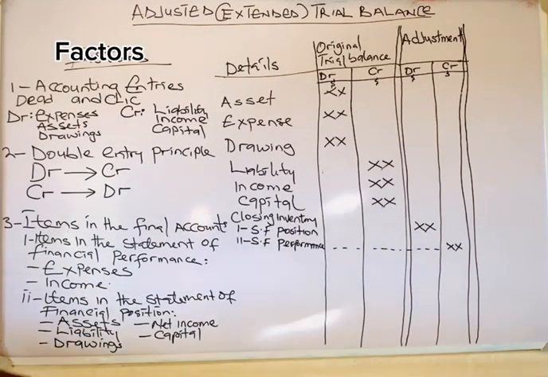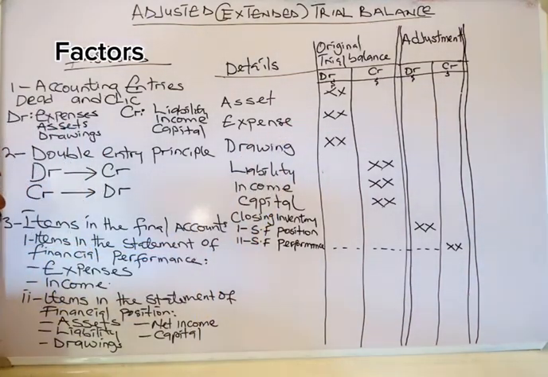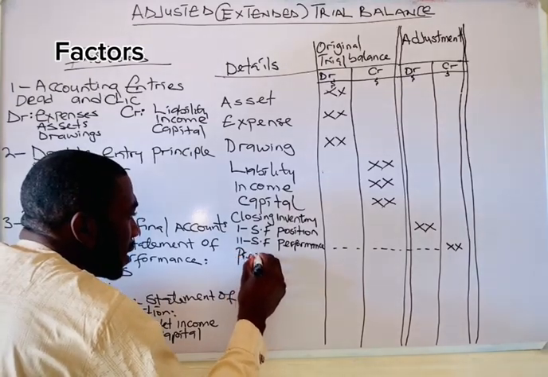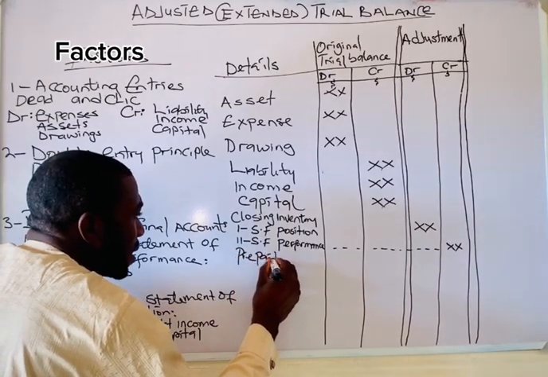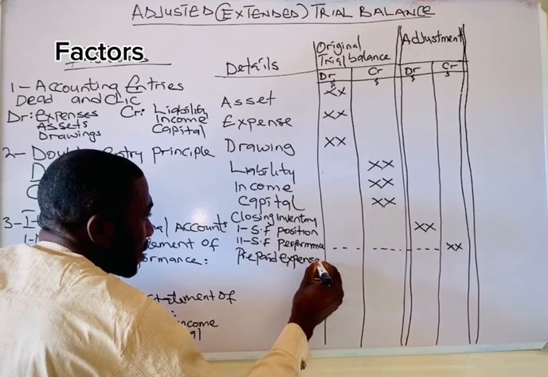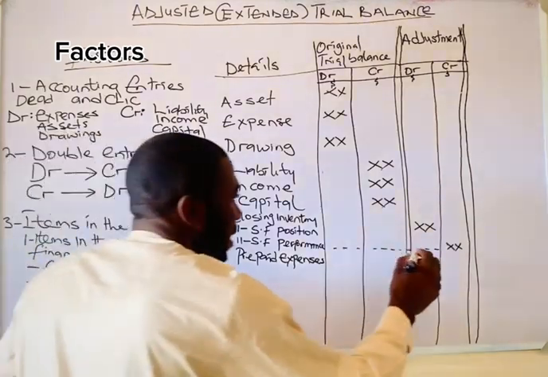So if there is another adjustment, let's assume there is an adjustment for prepaid expenses. We have a prepayment, and prepayment is an asset.